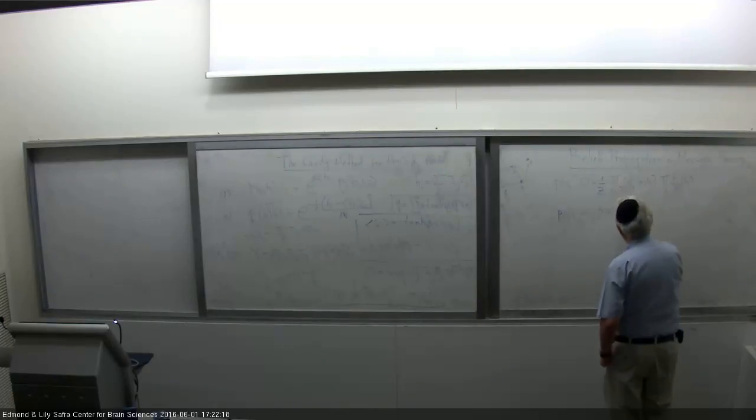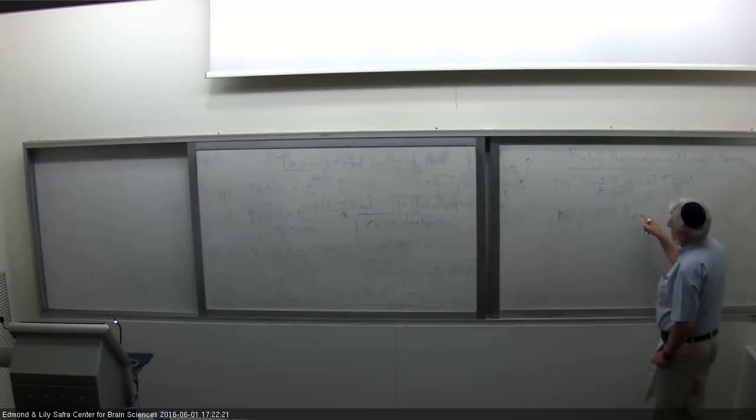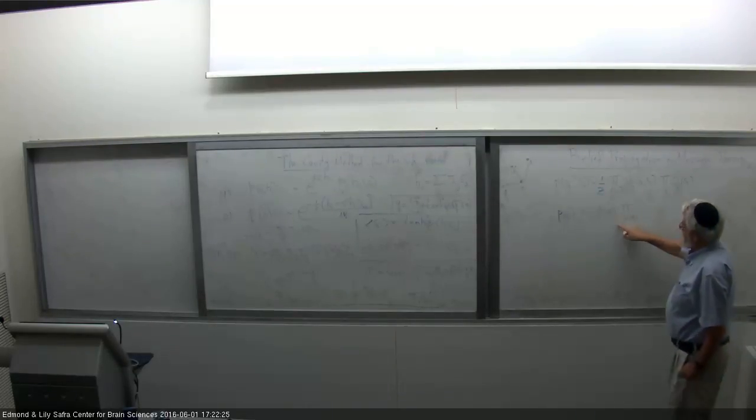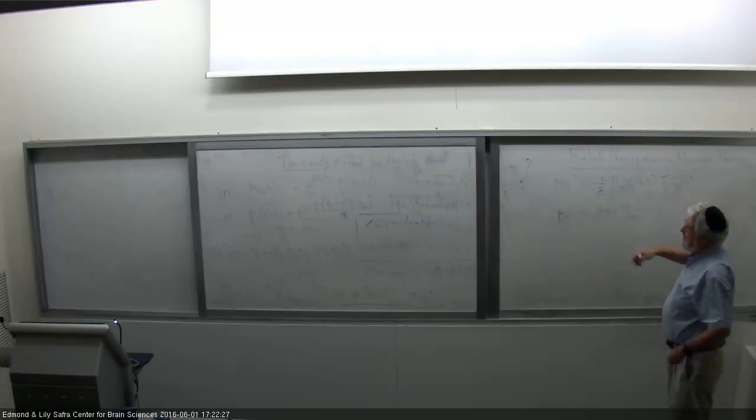So I'll write it like this, j in the neighborhood of i, that's my notation. And the neighborhood, of course, doesn't include i itself, so there's no self-coupling.